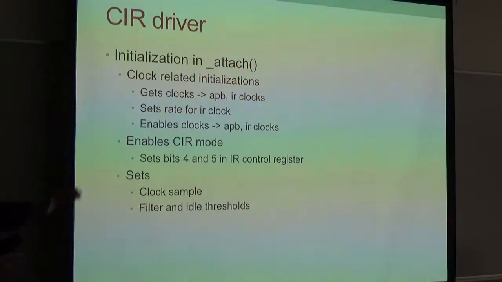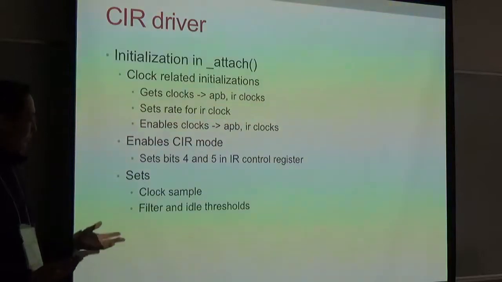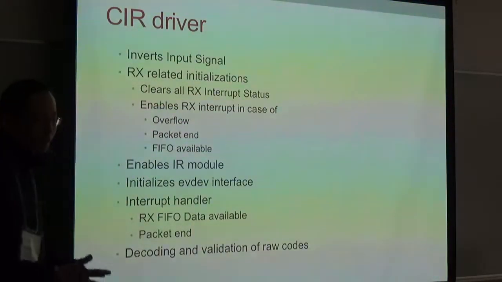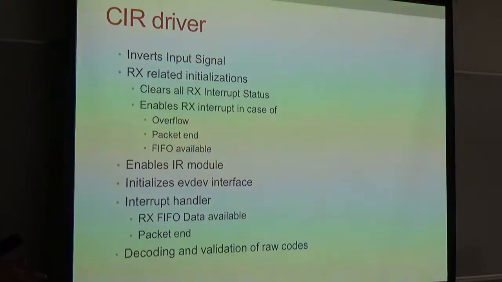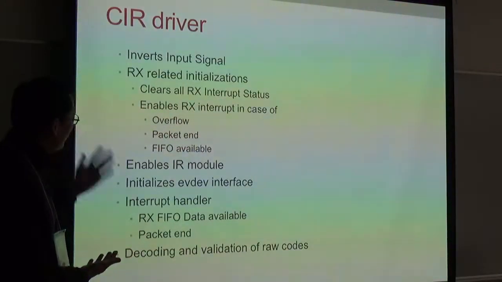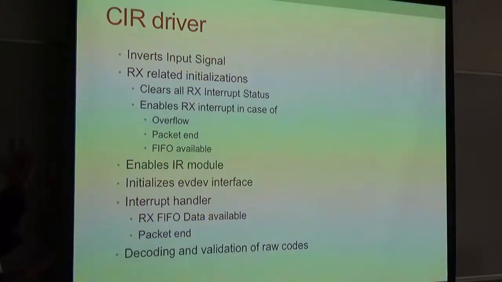Then it sets clock samples, filters, and idle thresholds, and continues with inverting the input signal and some RX-related initializations, like clearing all RX interrupt status, and then enabling the RX interrupt in case of overflow, packet end, and FIFO available. Then later on it enables the IR module.